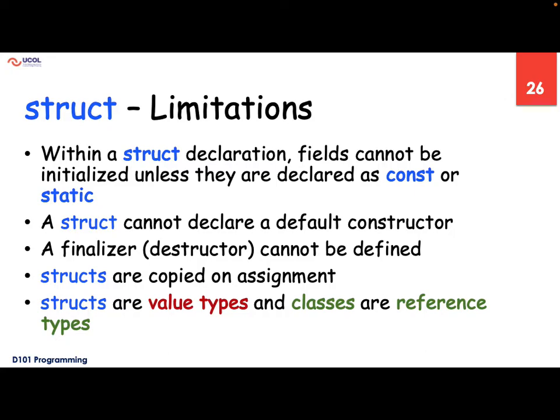A finalizer again cannot be defined in a structure. In the class, we have a constructor, and we also have a destructor. Just like in the constructor we are initializing certain things, in the destructor we can do something before that object disappears from the memory.